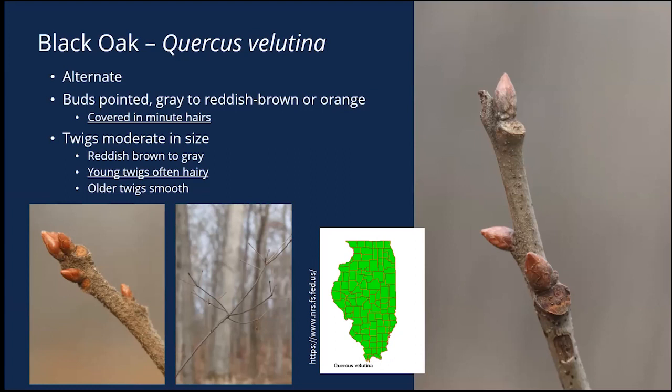The same thing with the twigs. The twigs, especially on young trees, can be covered in these orange hairs as well. Older twigs or twigs on older individuals will be a little smooth, but if you find those hairy twigs with those orange looking buds, that really points you towards black oak.